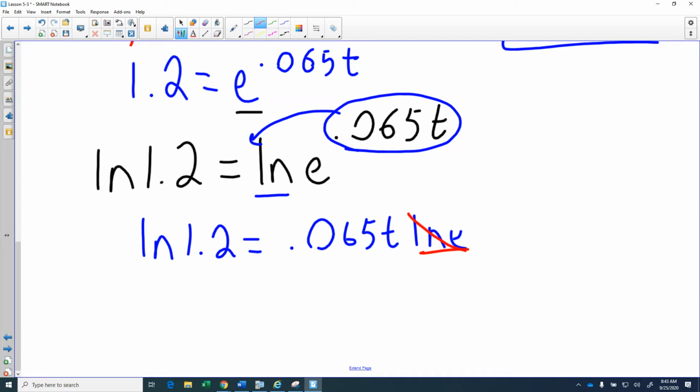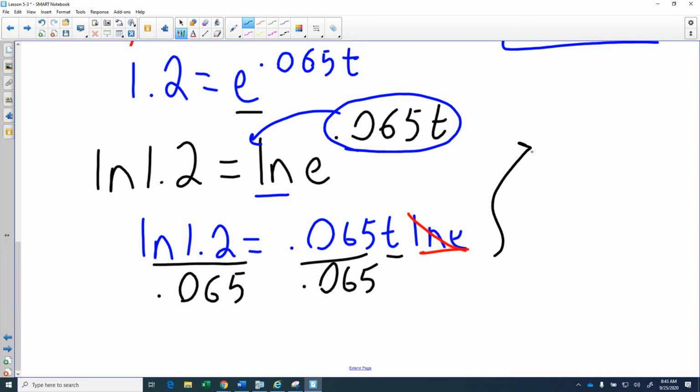And all I'm left with is the natural log of 1.2 equals 0.065t, in which if I wanted to get the t by itself, I would just divide this value over, and next thing you know, I have the answer that I can plug into the calculator. The time it takes to get to 120,000 is going to equal the natural log of 1.2 divided by 0.065.